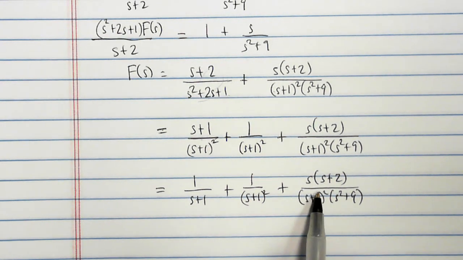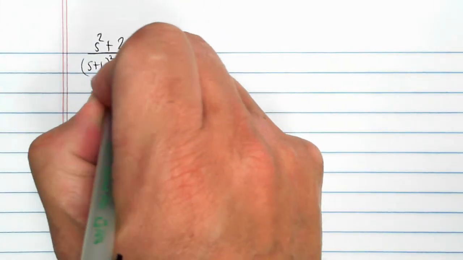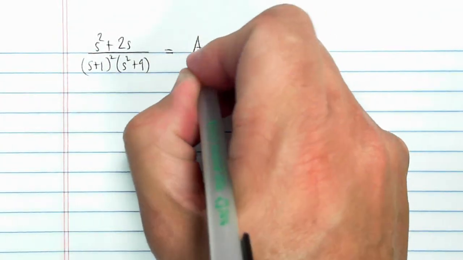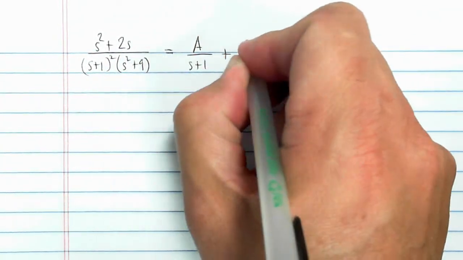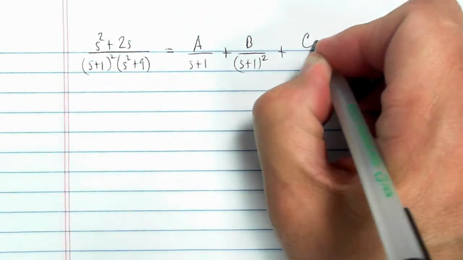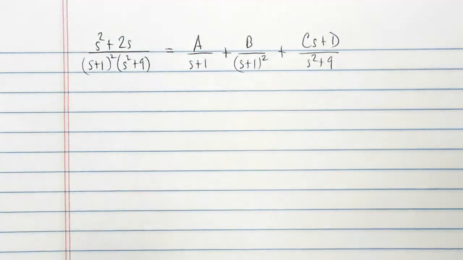We have to find the partial fraction decomposition for this fraction. So let me flip the page over. s squared plus 2s over s plus 1 quantity squared times s squared plus 9. This will break up as A over s plus 1 plus B over s plus 1 squared plus Cs plus D over s squared plus 9.